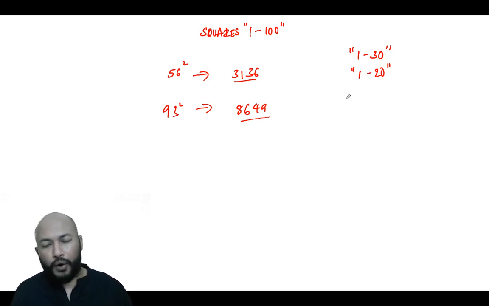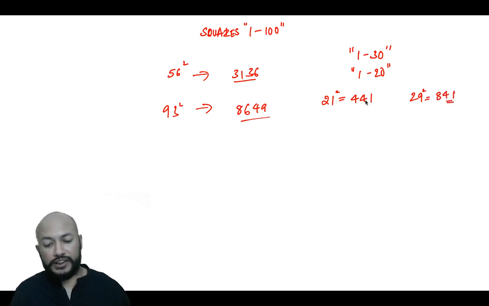I will give you a small hint, or maybe a technique, to remember squares from 21 to 30. Observe. It's pretty simple. It's a simple observation. 21 square is 441. 29 square is 841.